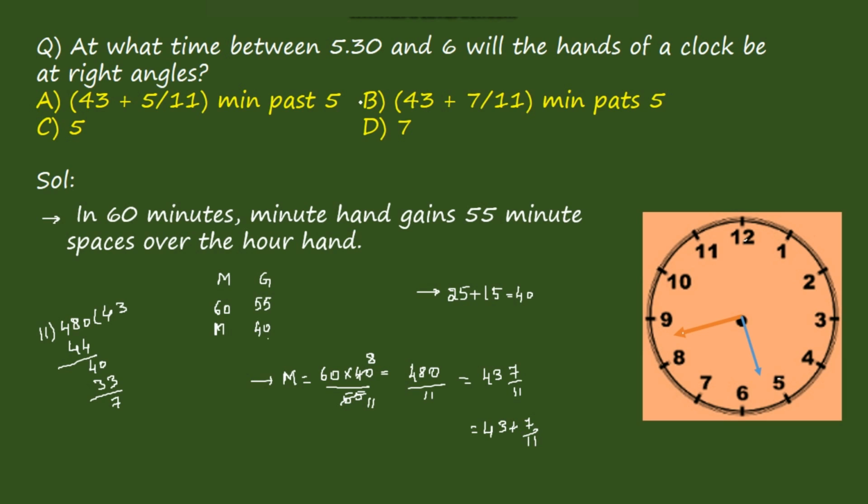So it goes with option B. So after 5, it will take 43 plus 7 by 11 minutes to form a right angle.